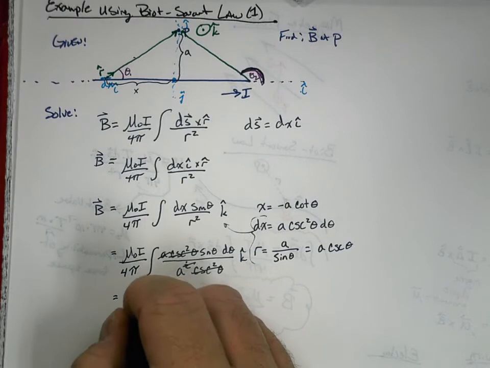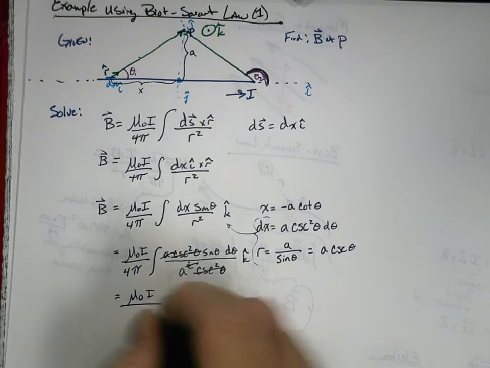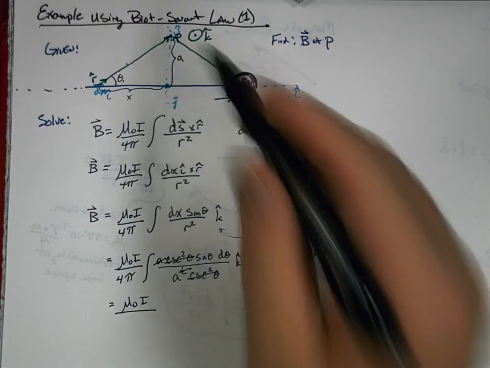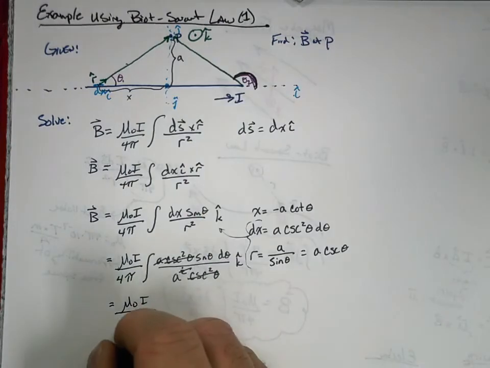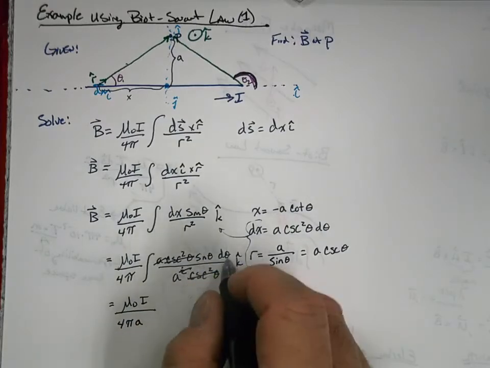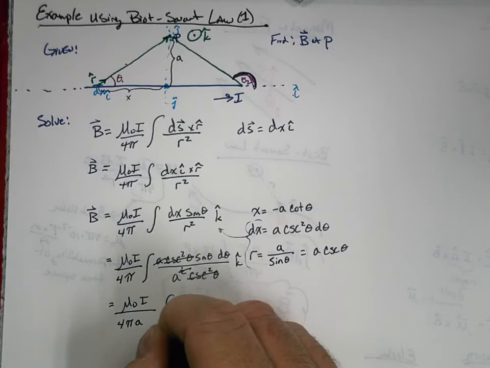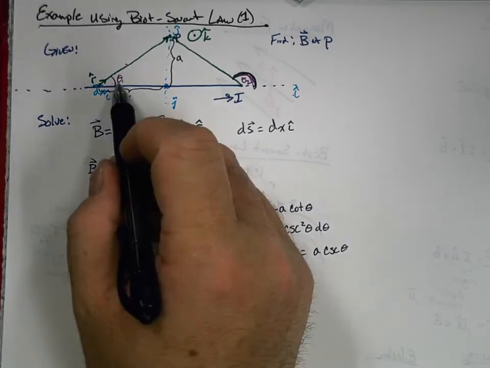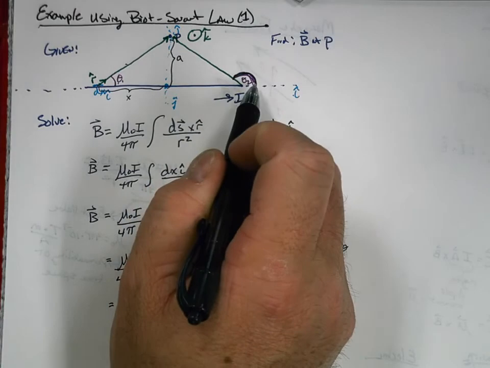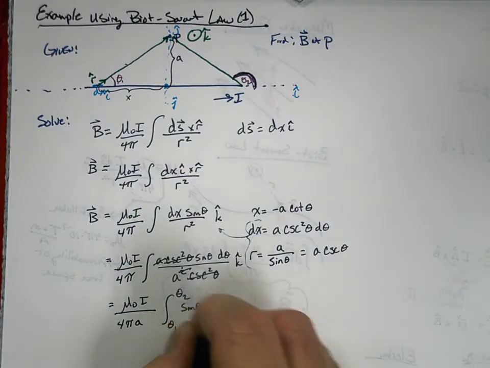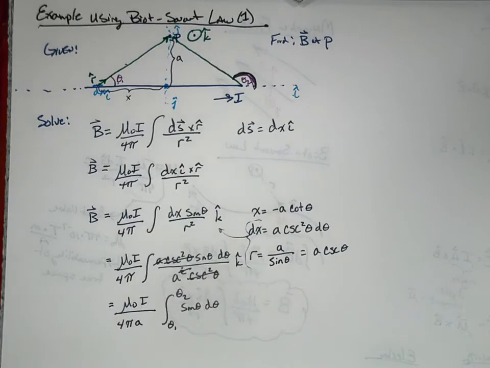Mu naught I over, well, a is a constant, because that's just the distance from the wire to this point, so we can pull it out: 4 pi a, and this just becomes the integral from theta 1 to theta 2 of sine theta d theta.